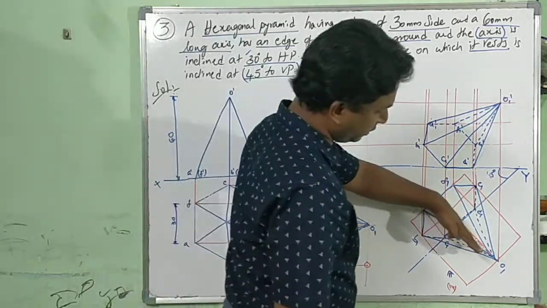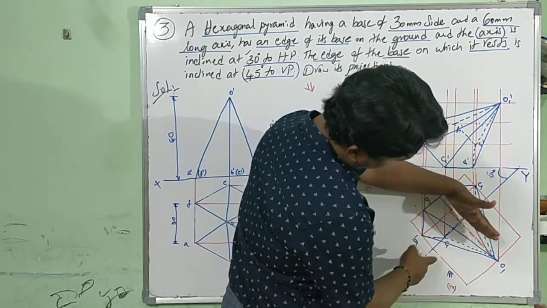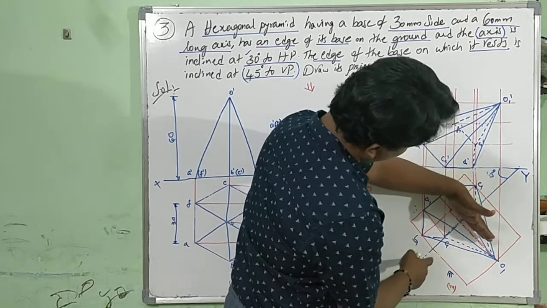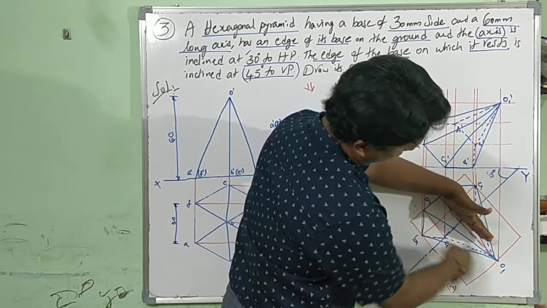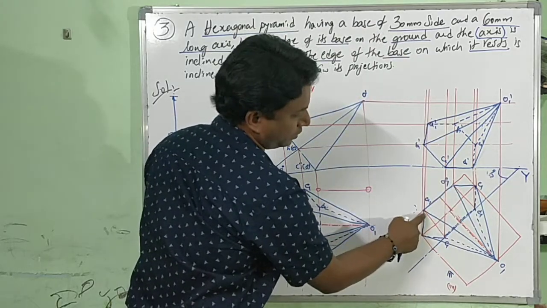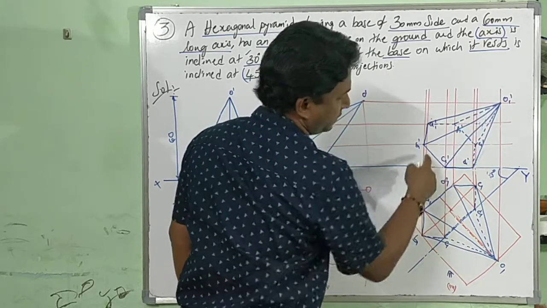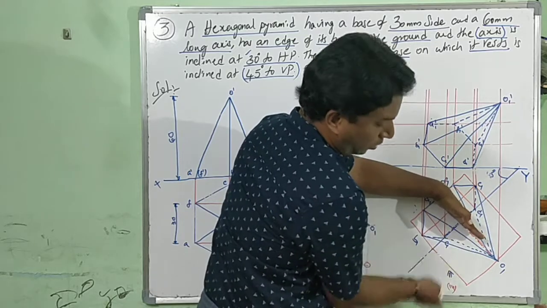Now with respect to the slant edges, with respect to this half line, you can see O1 A1 clearly. Where is it here? This is A1. So O1 dash A1 dash. B you can see clearly, O1 dash B1 dash. With respect to this half, below all.